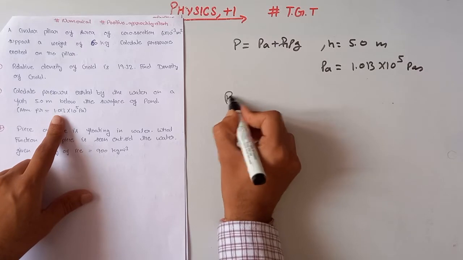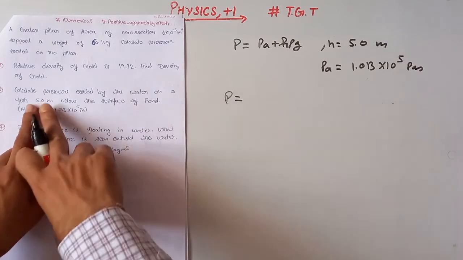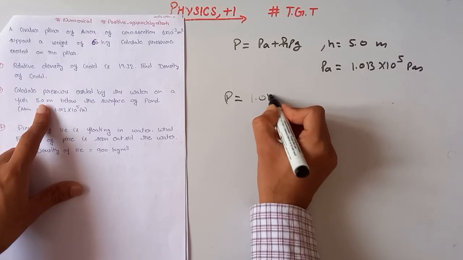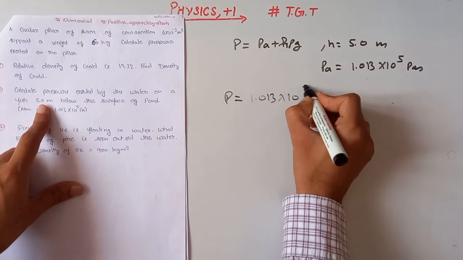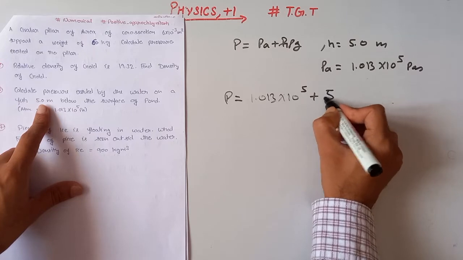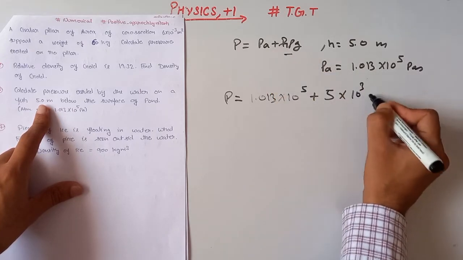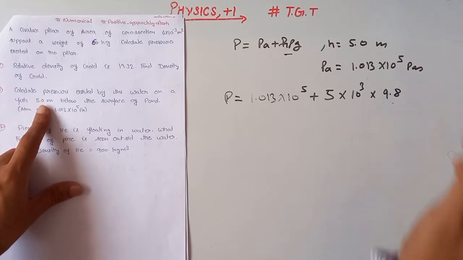Now Pa is 1.013 into 10^5 plus height is 5 meters, rho is the density of water, that is 10^3, and g is 9.8.